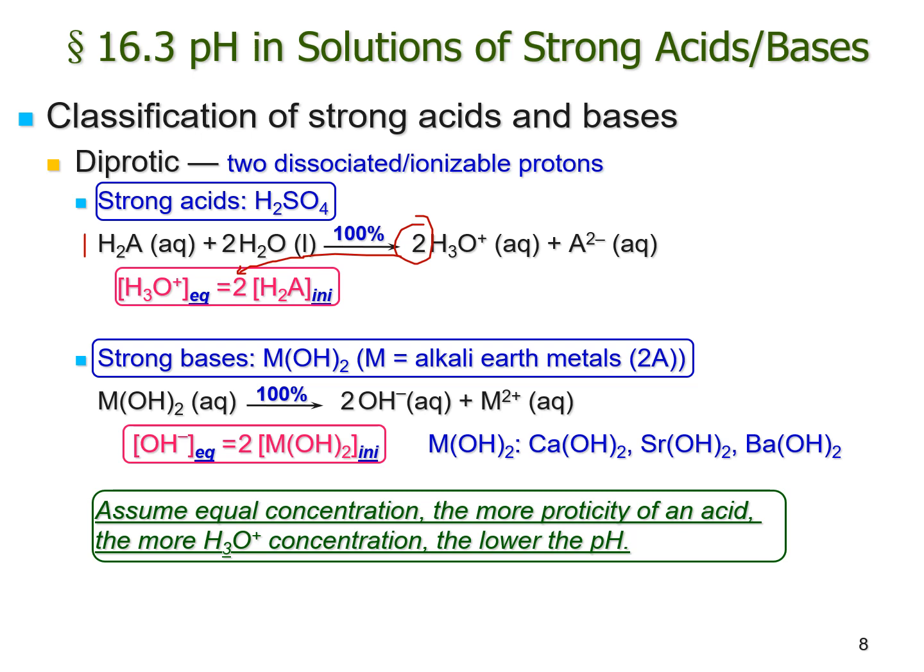So with equal concentration, the higher the proticity of an acid, the higher the hydronium concentration. Since there's more hydronium, the pH is lower. This is something you're probably going to experience later on in your homework assignment.